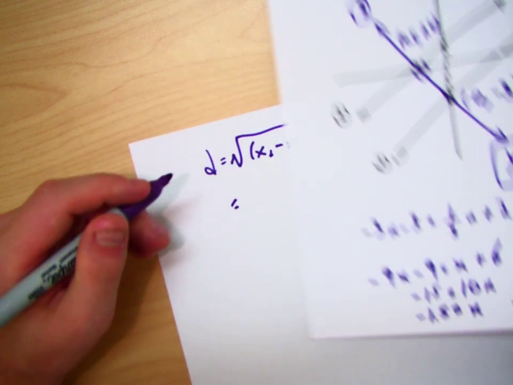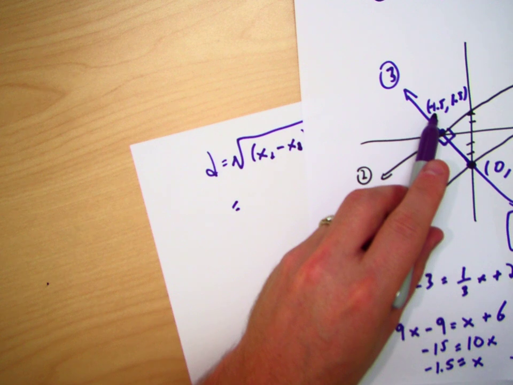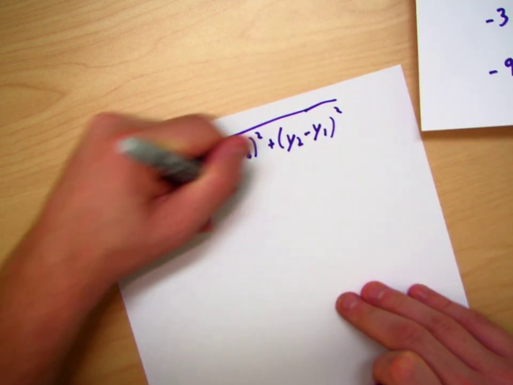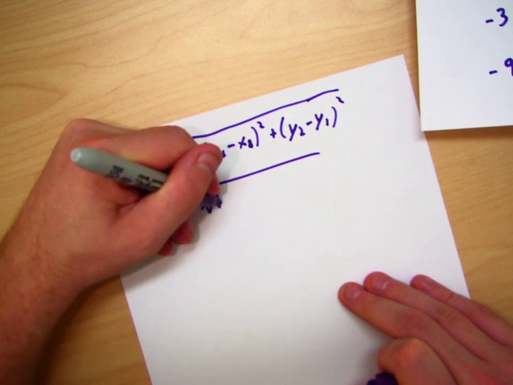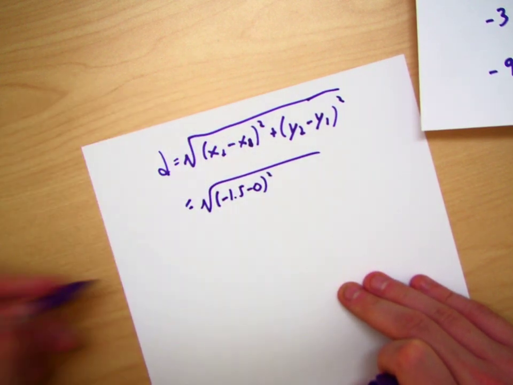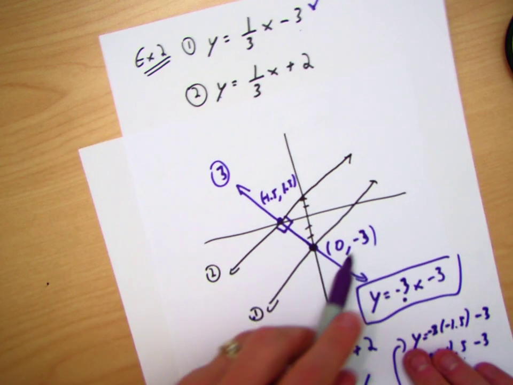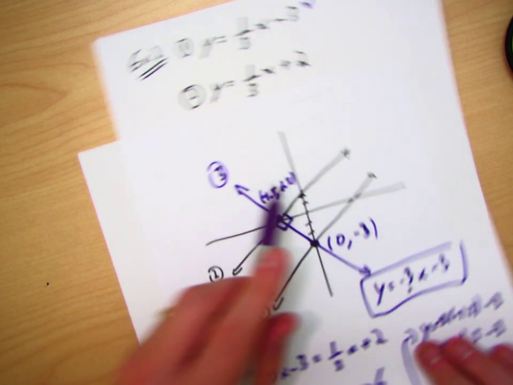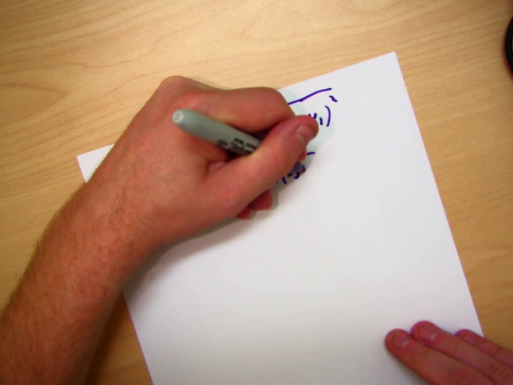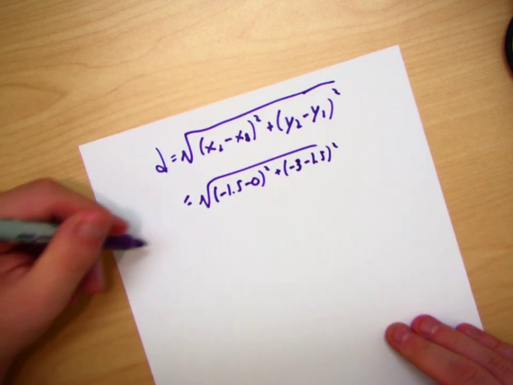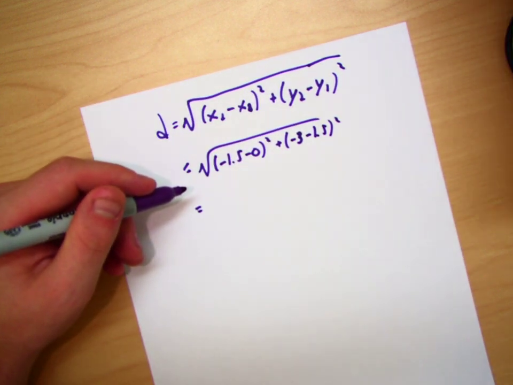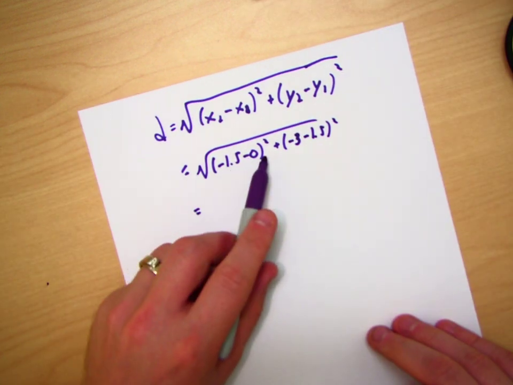Plugging in my points, I'm going to get negative 1.5 minus 0 squared plus negative 3 minus 1.5 squared. I'll let you do the rest of this one here. You're ultimately going to get that this will be negative 1.5 squared.